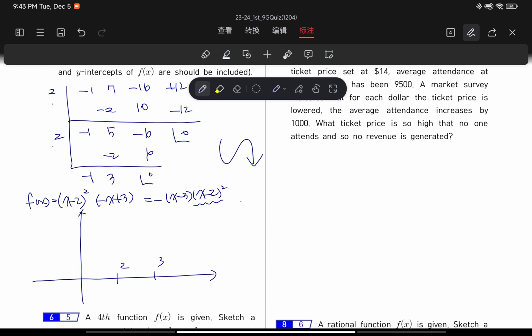At x equal to 2 it is tangent, and it passes through x equal to 3. Put x equal to 0, then minus 3 plus 3 times 2 equals 12 here, so 0, 12.